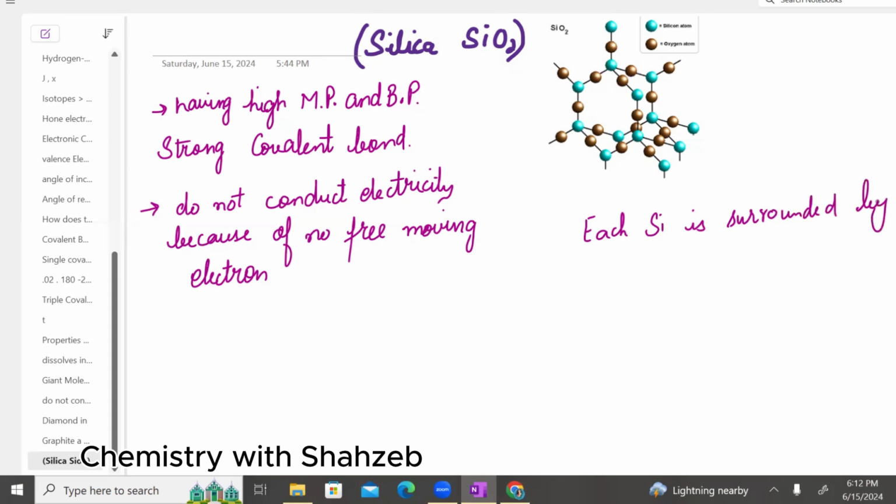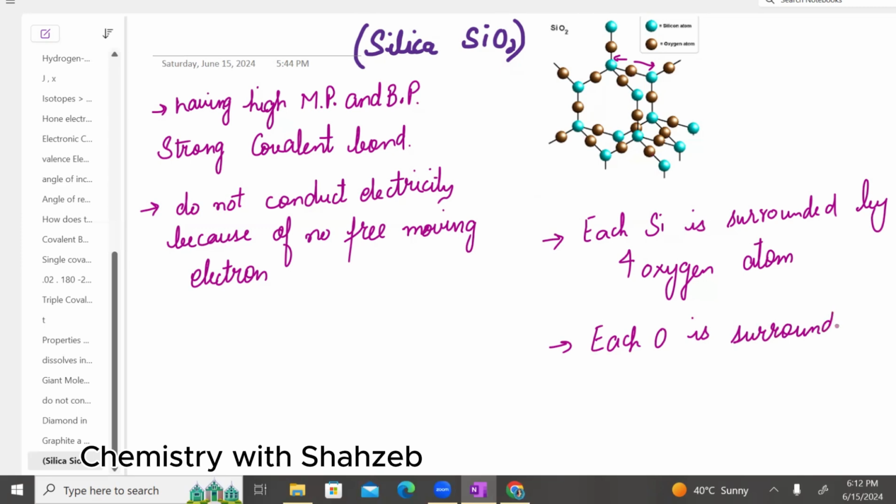And let's see about oxygen. Each oxygen is surrounded by 2 silicon atoms.